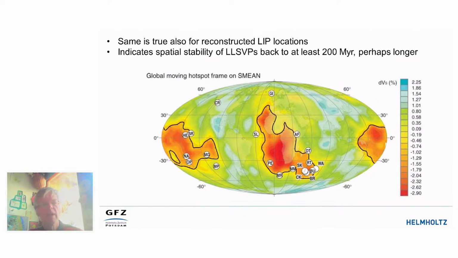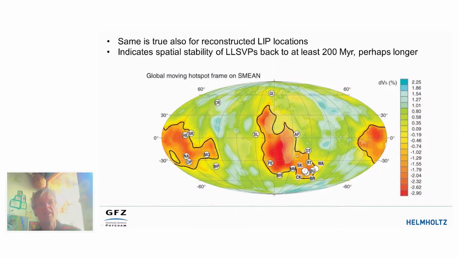Further back in time, you have some uncertainties in longitude with the reconstruction, and you can adjust the longitude to make even older large igneous provinces fit along the margins. For the last 200 million years, the stability of those piles can be quite easily explained because the slabs have been going down in this region, so they would naturally push the piles to here.